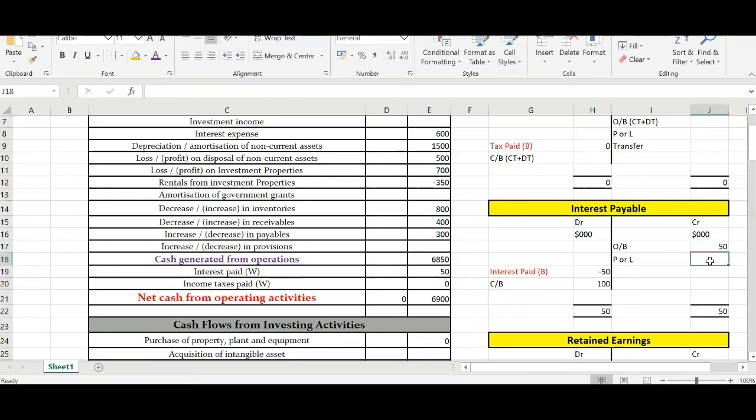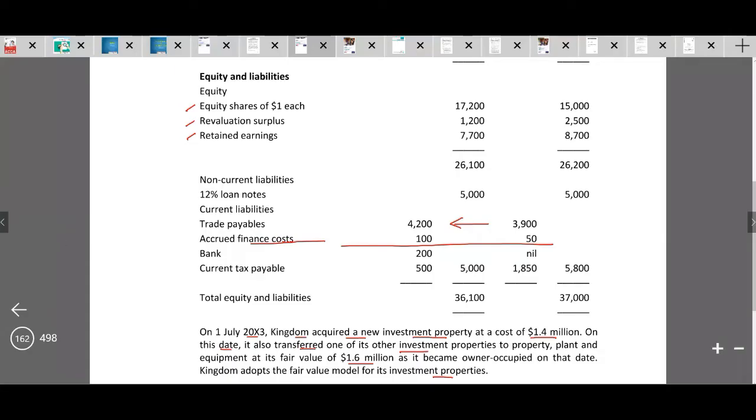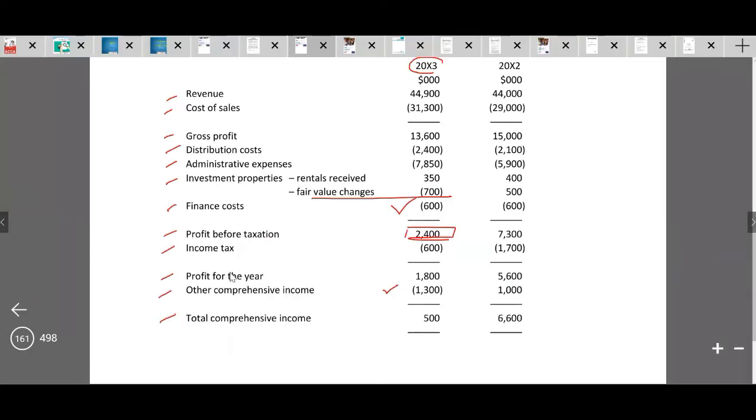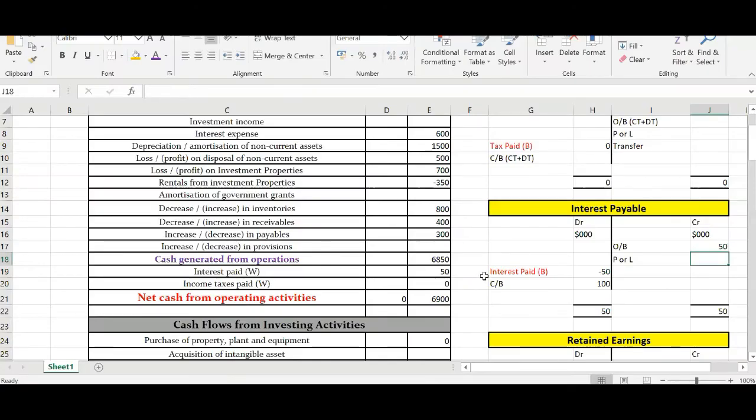Then we're going to take the finance cost, which has been included on the accrual basis in the income statement, and it was 600. So 600 is the profit or loss figure. So 550 is actually the interest paid, which is calculated as a balancing figure. And because I've linked this T account directly into the cash flow, it shows minus 550 over here.